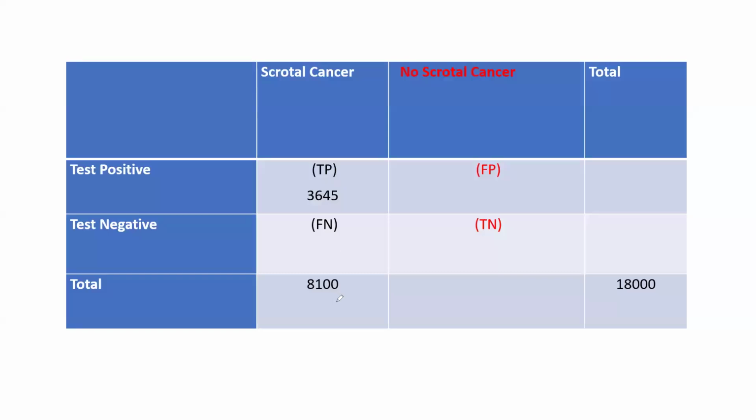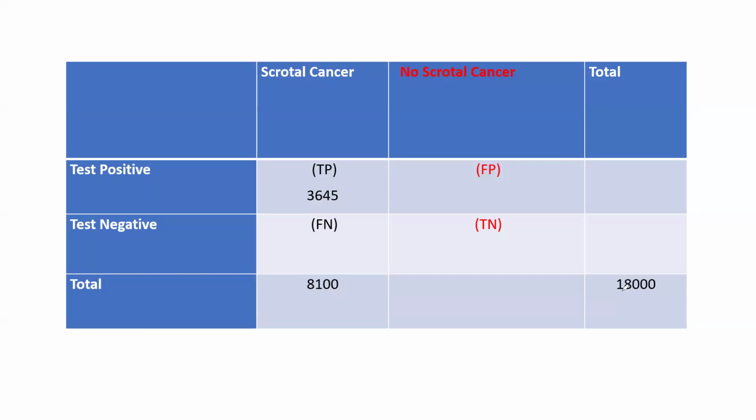We also calculated the prevalence, which was 45% of the total, and that number is 8,100. We know that that is the total of TP plus FN, which at this point we don't know individually. That gives you the total of 8,100.